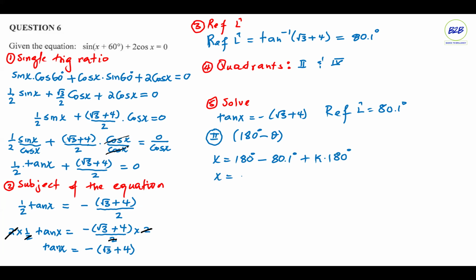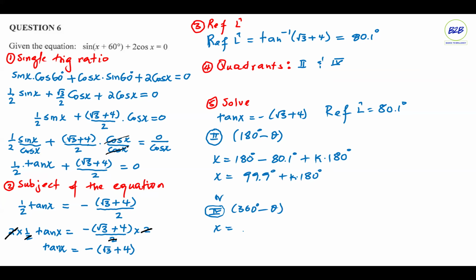X is equal to, therefore, 180 degrees minus 80,1 degrees. That should give you 99,9 degrees plus k times 180 degrees. Then we go to another quadrant, which is the fourth quadrant, where our reduction formula is 360 degrees minus theta, and we know what theta is, the reference angle.